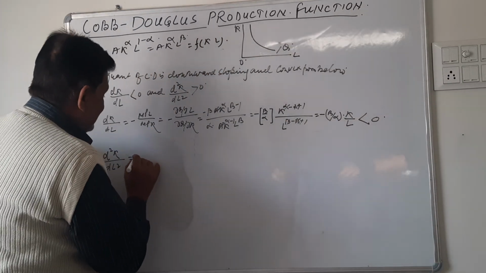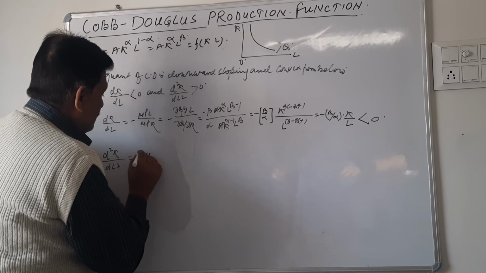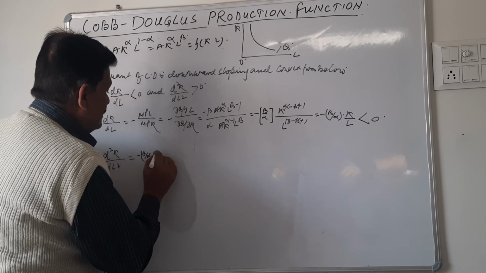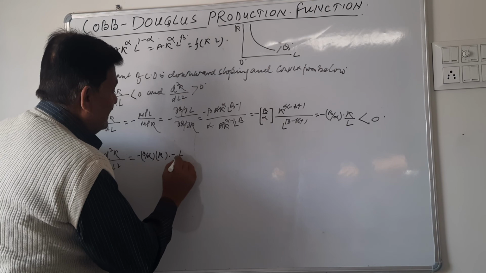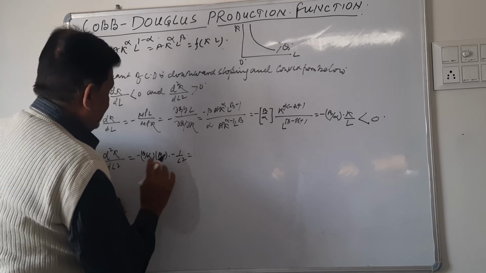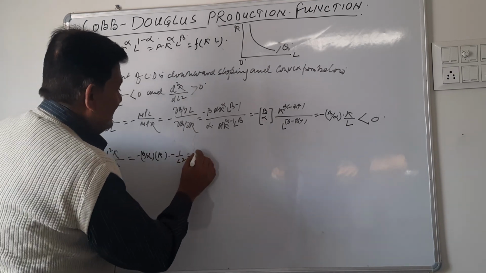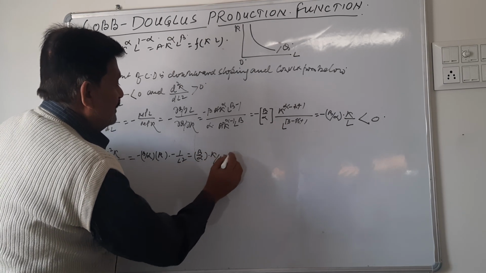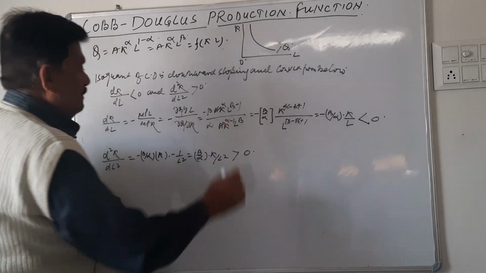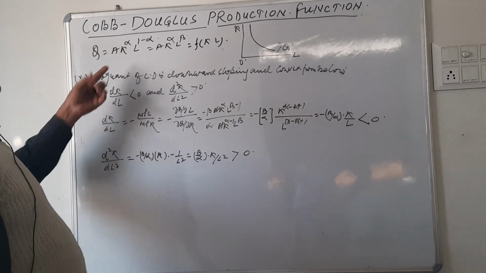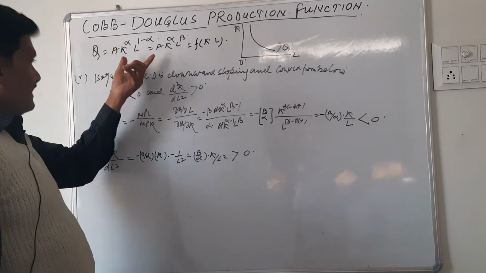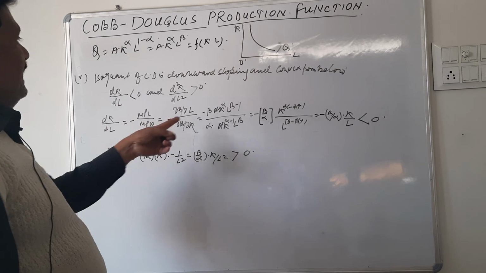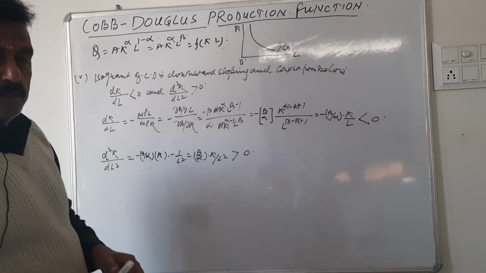So this is minus beta by alpha into K into minus 1 by L square. Minus minus neutralized. So beta by alpha into K by L square, absolutely positive. So the isoquant of this Cobb-Douglas is downward sloping and convex from below.